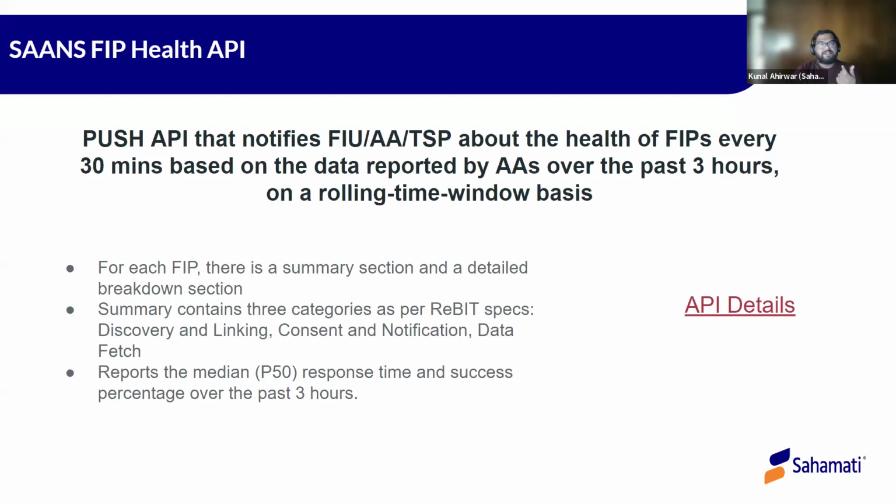But if an FIP is not meeting the SLAs as of now, you may want to see how much the performance has dropped, whether it's just a 1 or 2% drop from the SLAs or a significant drop. You can see that because the FIP also provides the median, which is the P50 response time, and success percentage over the past 3 hours for each of the APIs. So you can make better decisions as an FIU for your customers, whether to show them the option of the FIP on the AA ecosystem or not.